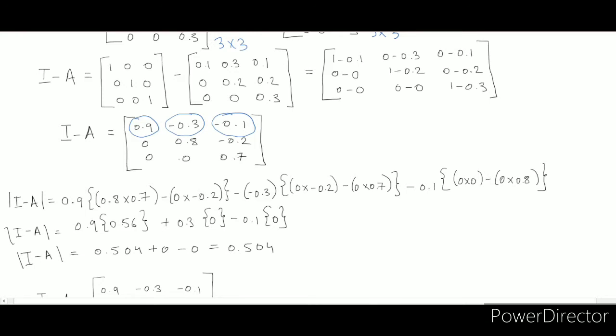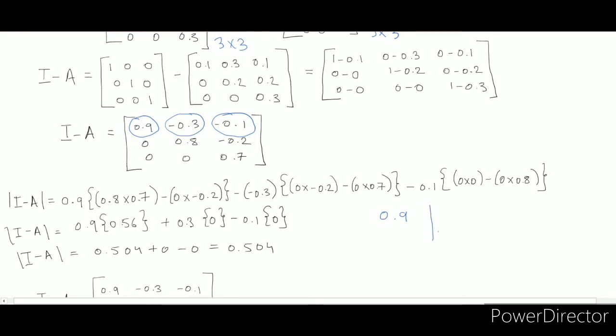The determinant remains the same. So what we're basically doing here, if we take 0.9, is multiplying 0.9 with its minor.